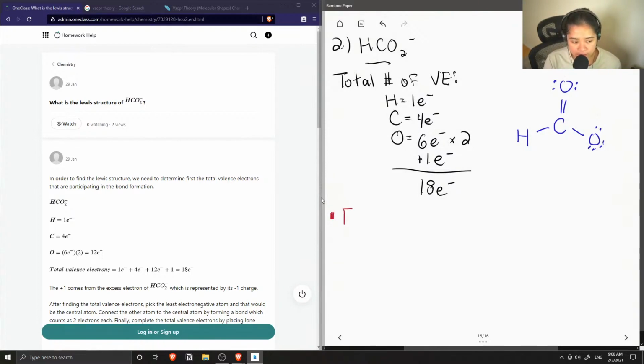To calculate formal charge, we use the following equation, where formal charge is equal to the number of valence electrons minus the number of non-bonding electrons minus the number of bonding electrons divided by 2.